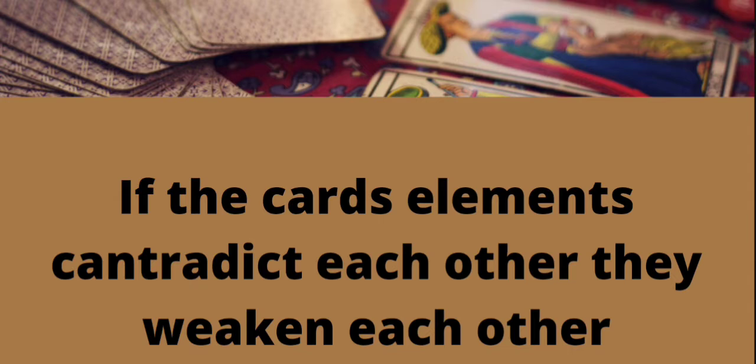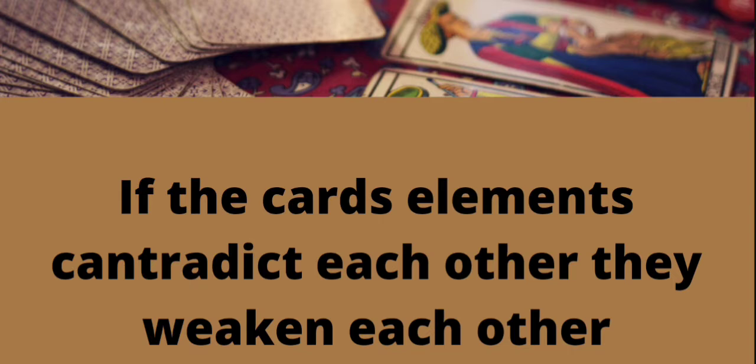If the cards' elements contradict each other, they are weakening each other. So if you pull two cards with contradicting elements, in the tarot, the elements that contradict each other are earth and air, fire and water.